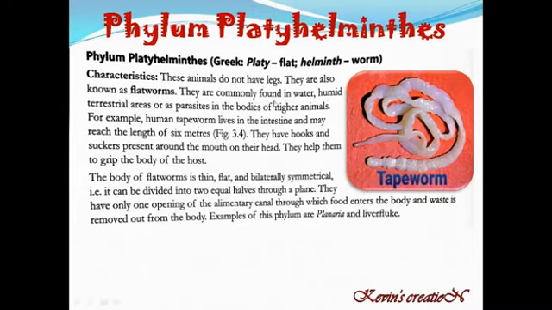They are commonly found in water, humid terrestrial areas, on the land where there is humidity, or they are also there as parasites in the bodies of higher animals, for example humans. So tapeworms, they live in the intestine. Very, very dangerous. It might reach the length of 6 meters.